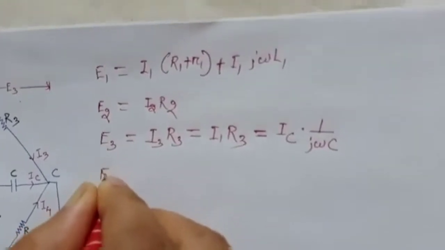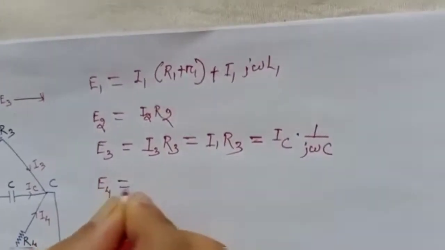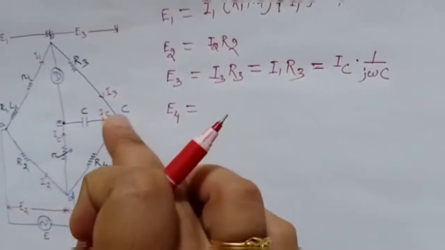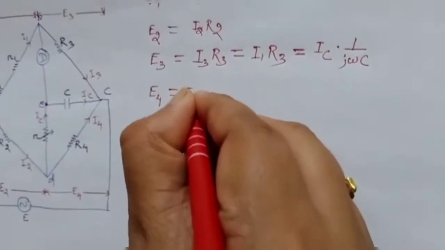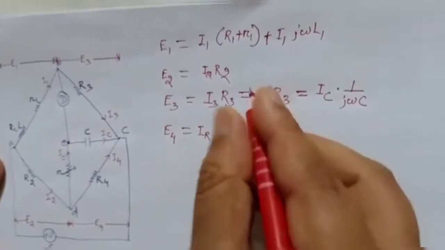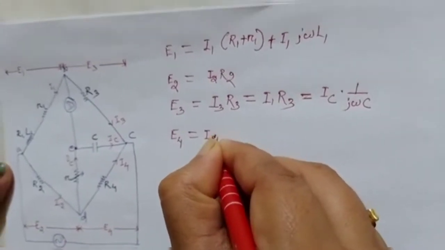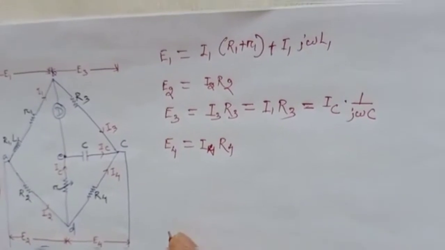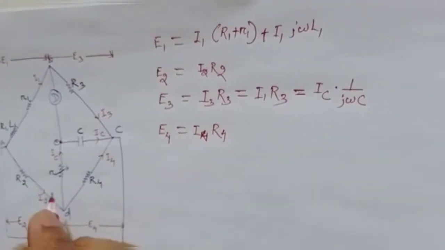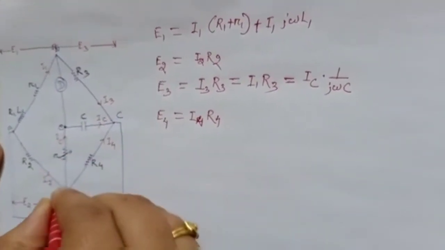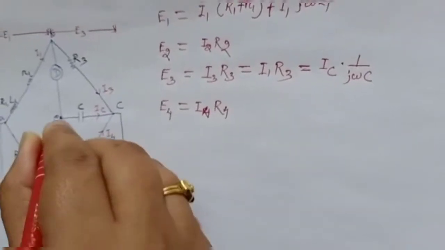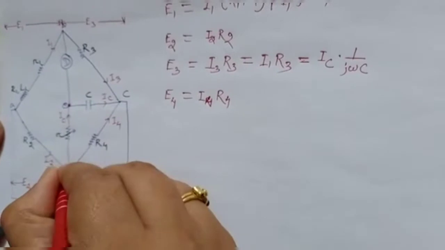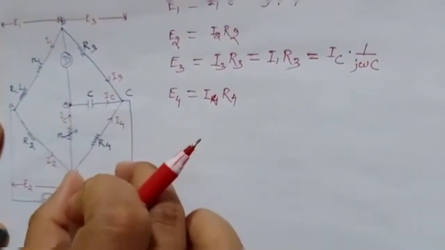Then coming to E4, E4 is equal to I4 into R4. This is the voltage potential of C to D. And then this point D to E and E to C, these two are also in series, which means it is also connected across E3.